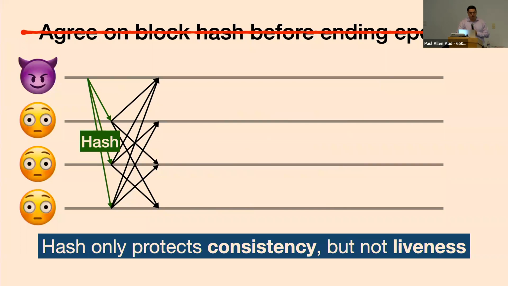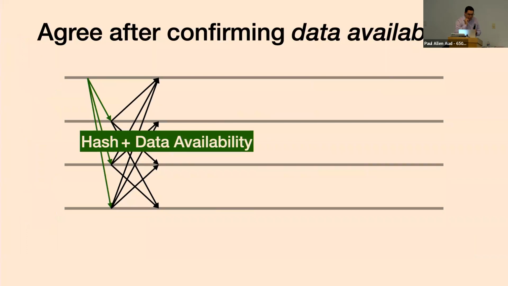Okay, so what can we do? Well, if we could come to agreement that a block of data is available in the network without downloading it, this is usually called the data availability property. And really, that's all we need to make progress.